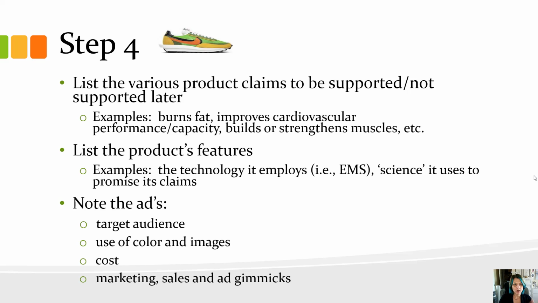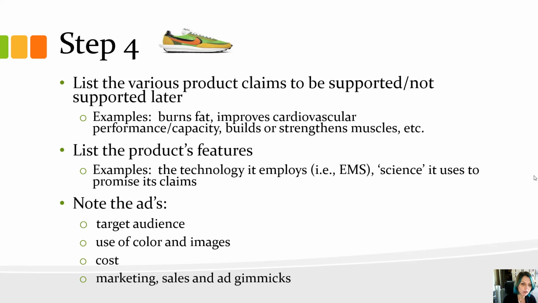To find your articles, you might want to list them, okay? And then find articles about the claims, because it's really rare that you will be able to find an article written on a specific product. That is almost impossible. So you just have to address the claims that the product is making.